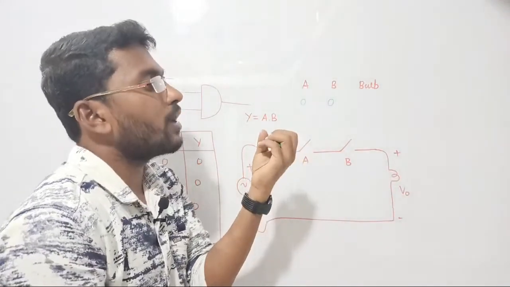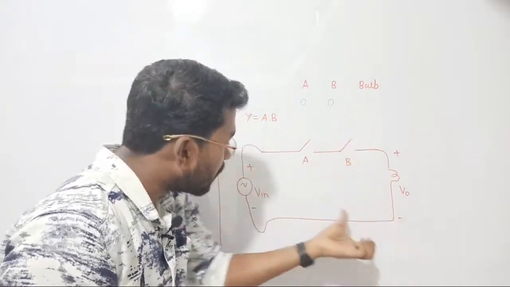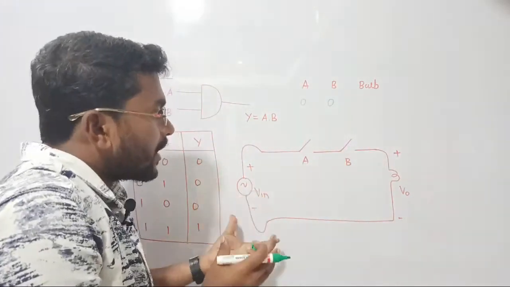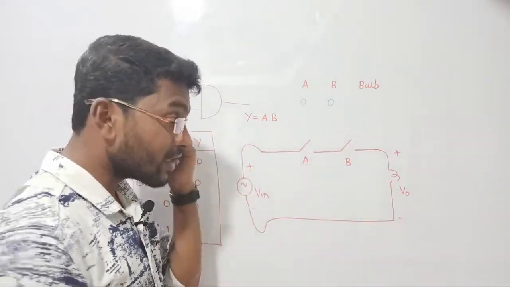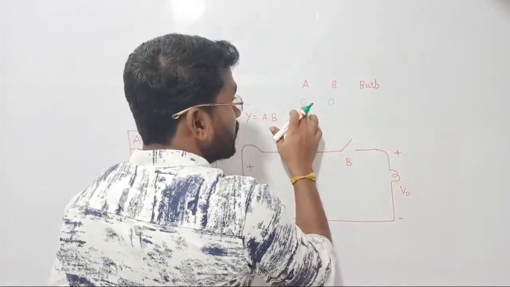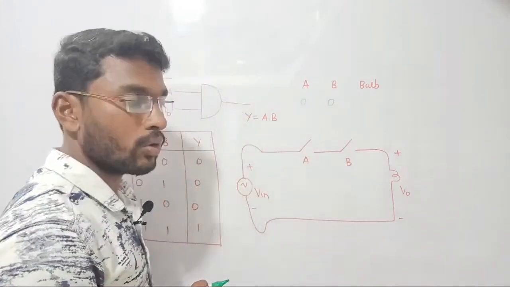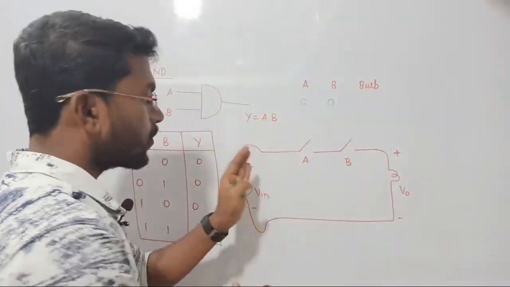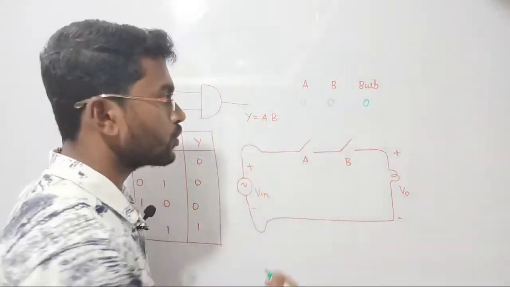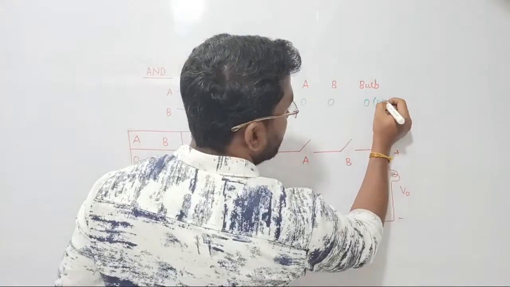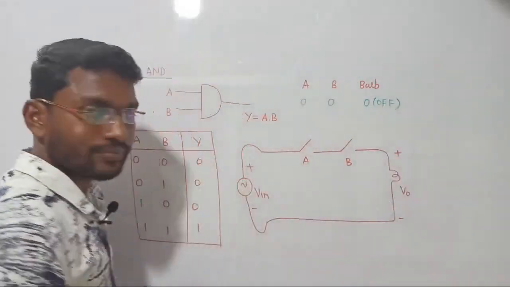If you want your bulb to glow, it has to receive power from the input side, but I am not creating any path for your bulb to glow, so it is still dark. Since both switches are open circuit, your output is disconnected from the input side, so your output is going to be 0 only. Your bulb won't glow, so we can say that is called the off state.